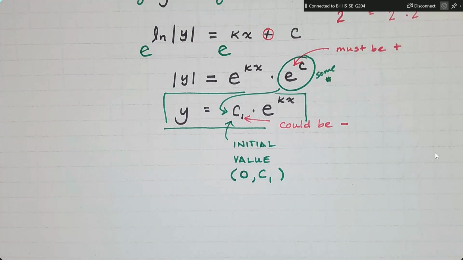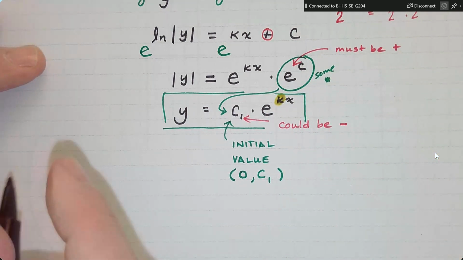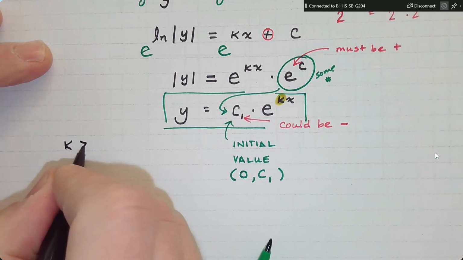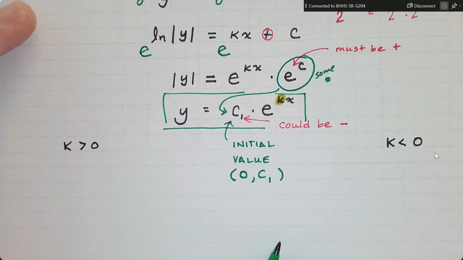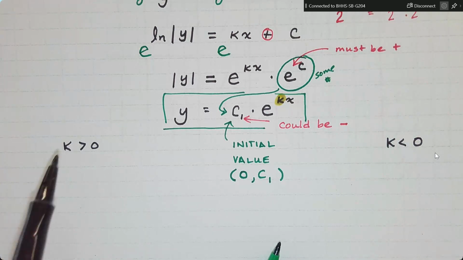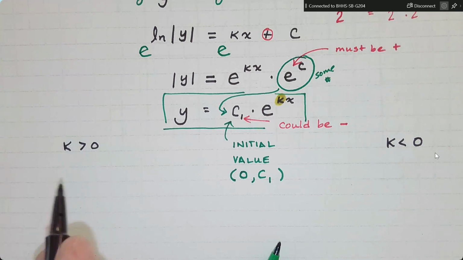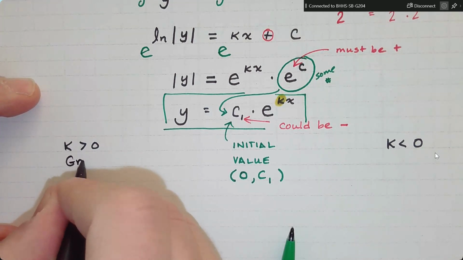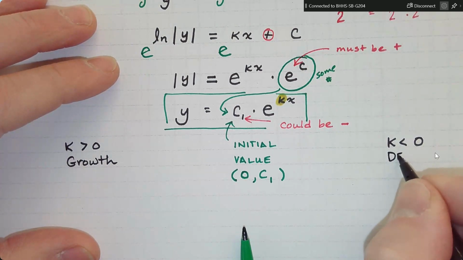I'm going to mark that k value up top. Whether it is positive or negative tells us something important about the function. I'm hoping you can tell me: if k is positive, what do you know about the type of exponential function we're going to run into? Yep, so that's growth. And then this will be decay.